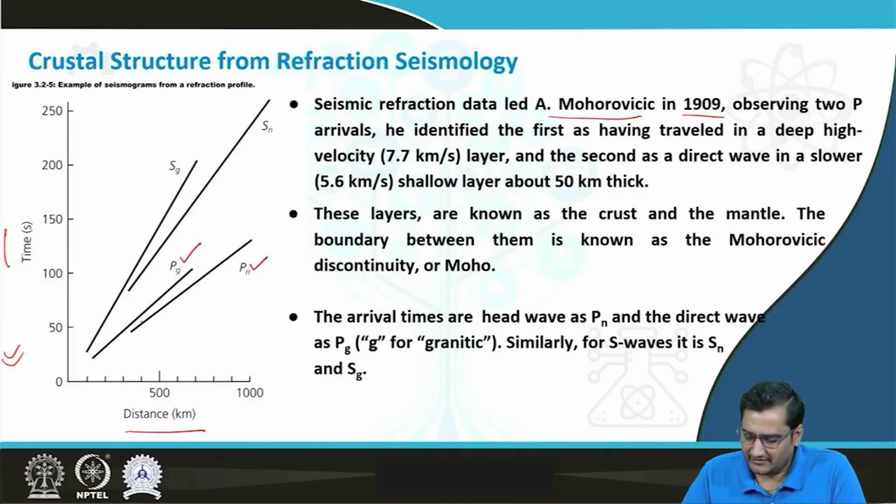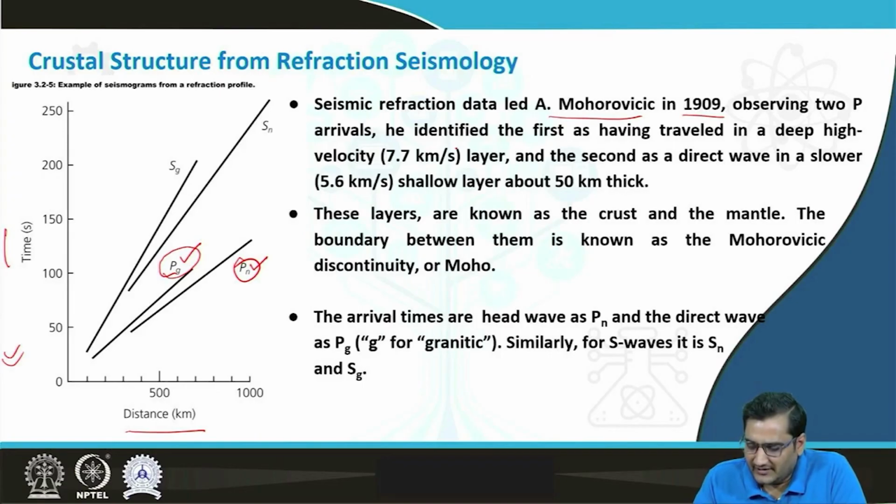He said that Pn may be traveling with a higher velocity, which is why it has the shallower slope. He identified this wave as the head wave traveling across the boundary between the crust and the mantle, and Pg as the wave traveling in the crust with a slightly lower velocity of 5.6 km per second.